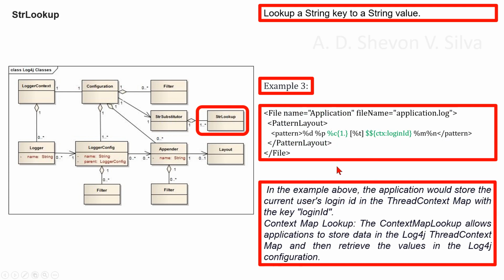Here we are considering context map lookup. In this example, the application would store the current user's logging ID in the thread context map with the key loginId. Context map lookup allows the application to store data in the Log4j thread context map and then retrieve the values in the Log4j configuration.